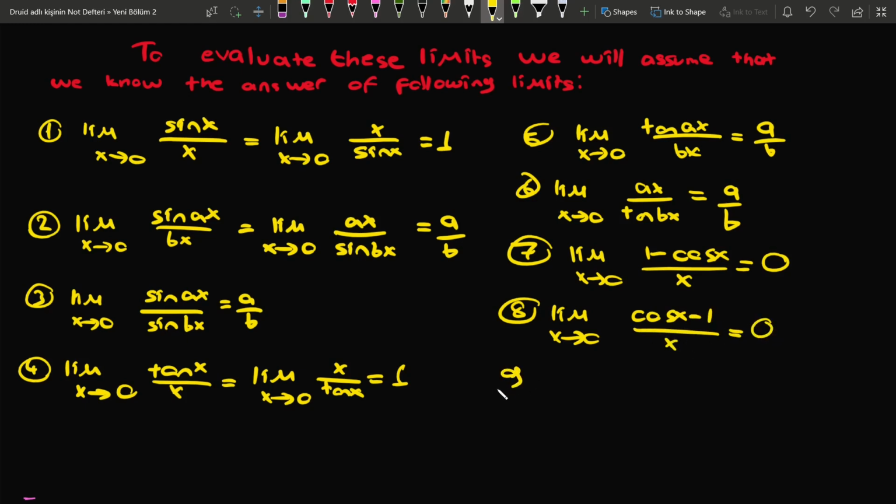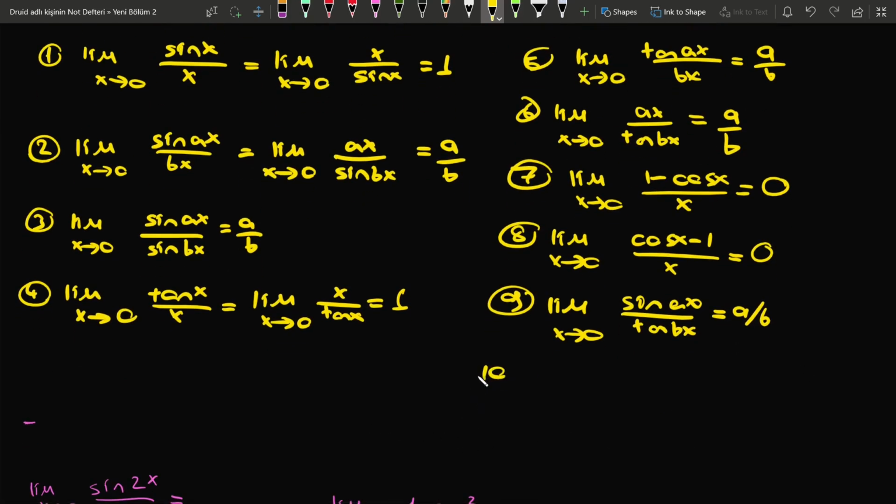Our ninth rule is going to be the limit of sine ax over tan bx is equal to a over b. And our 10th rule, the last rule, is going to be the limit of tan ax over sine bx, which is a over b again.